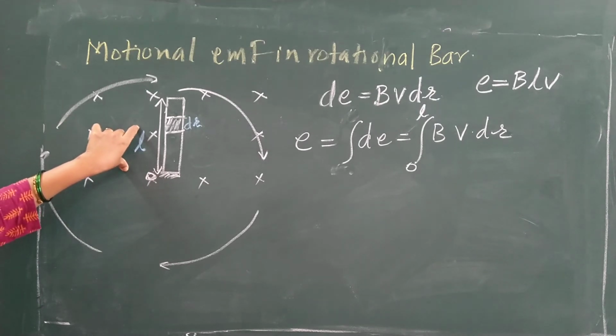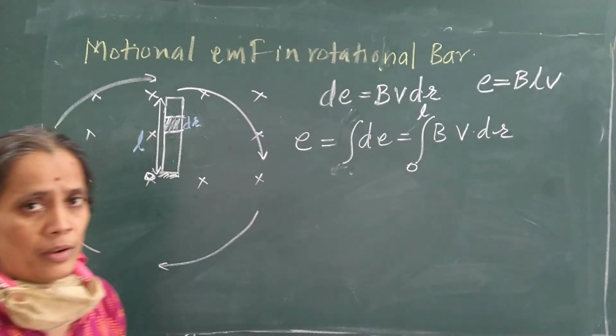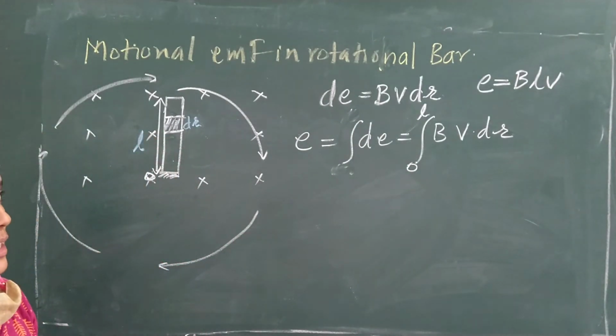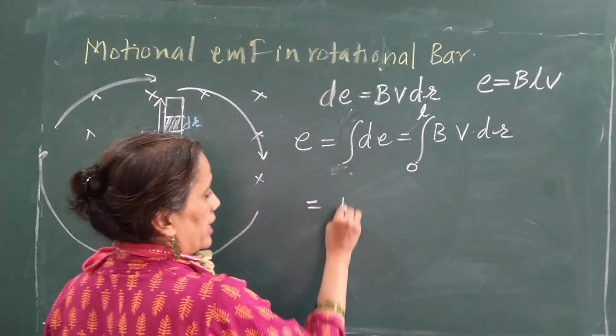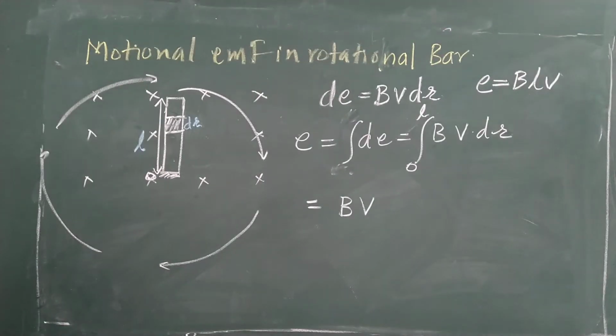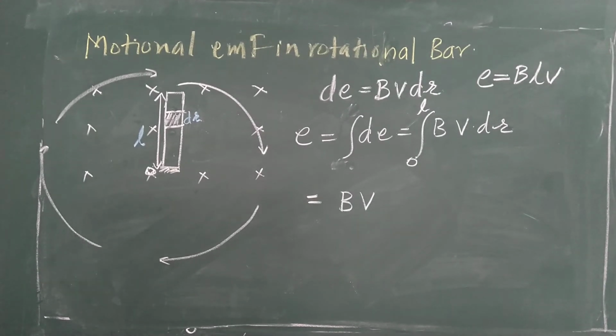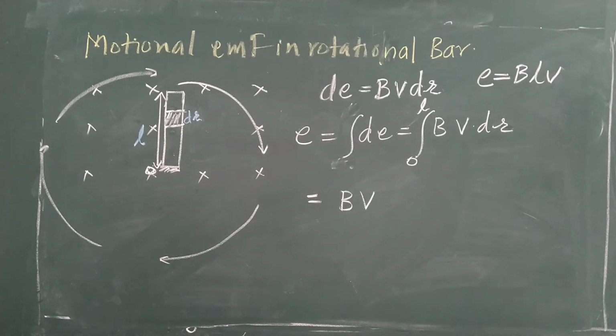Now I have to integrate this expression. Integrating, I will write B and the integration of dr, and in that integration I am going to substitute the limiting values.